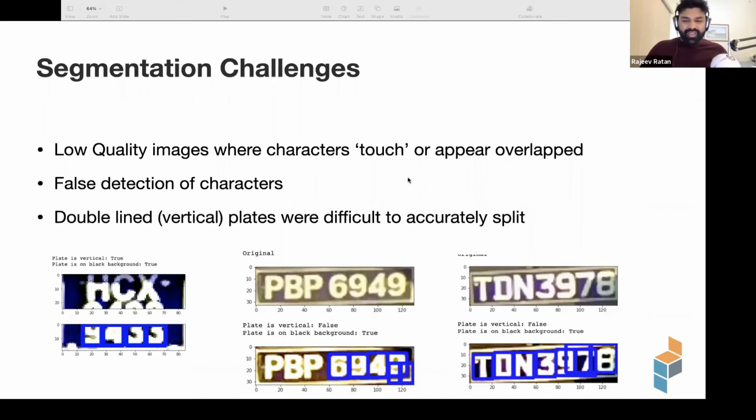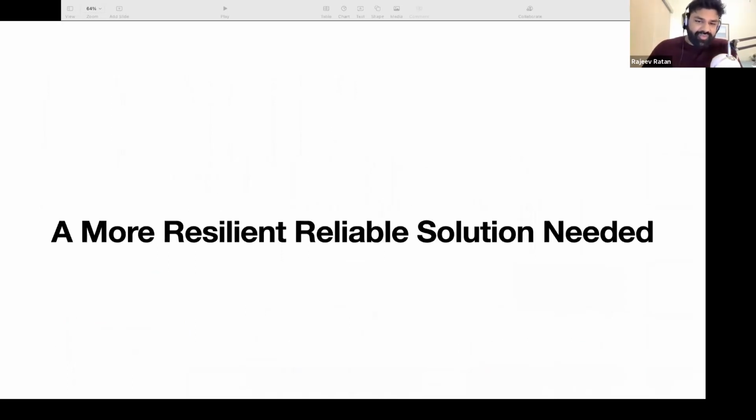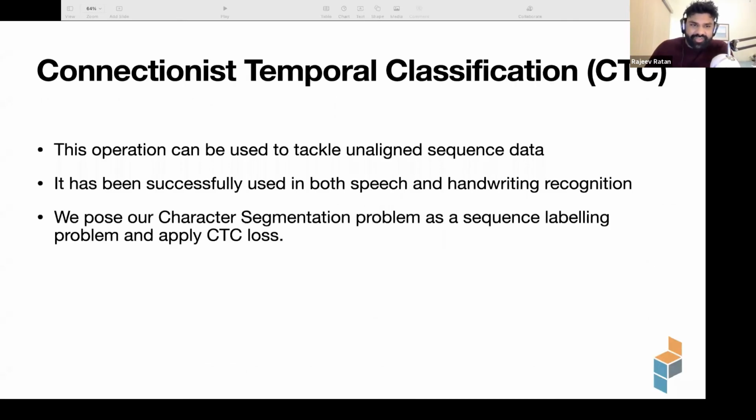So rather than continue to develop this algorithm, we tried to find a more resilient and stable solution. And that is when I came across something called connectionist temporal classification. This is an operation that is used to tackle unaligned sequence data, which is basically like speech data or handwriting data.